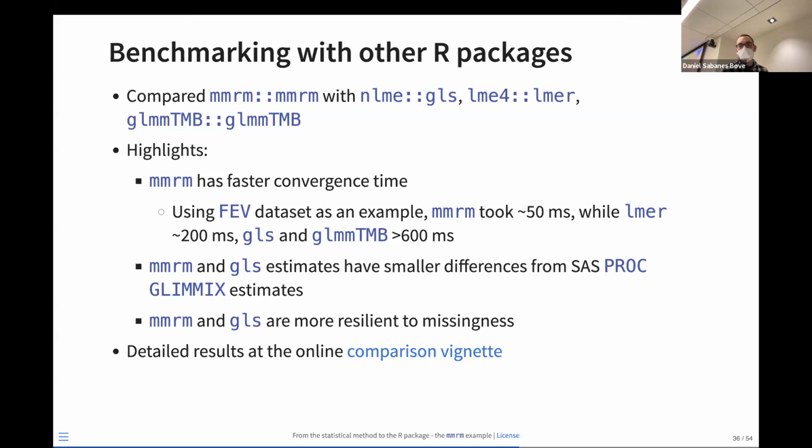The estimates have somewhat small differences from the PROC GLIMMIX estimates. I think we have that captured in a vignette, so if you really want to dig into the details, you can go look at the mmrm package website, and there's a vignette there that outlines all of this.